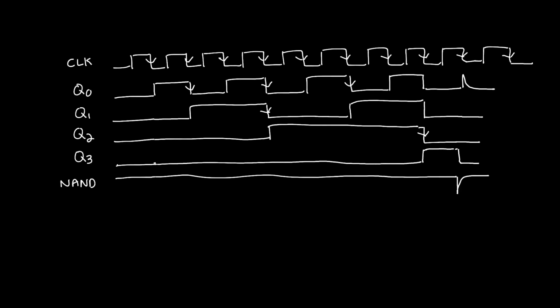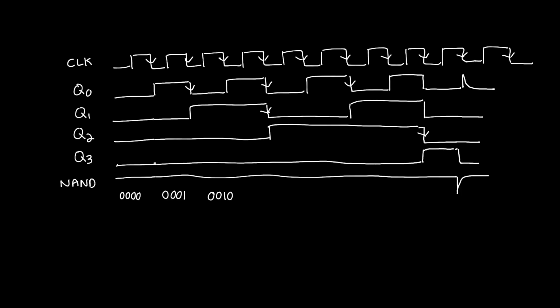Now let's look at my count sequence. So over here, I've got 0, 0, 0, 0. And then over here, I've got 0, 0, 0, 1. What do I have? 0, 0, 1, 0.